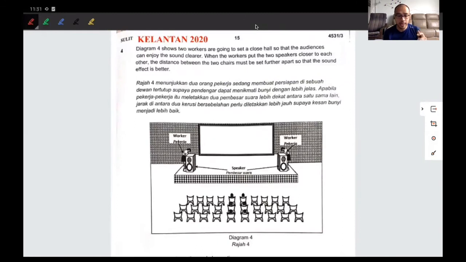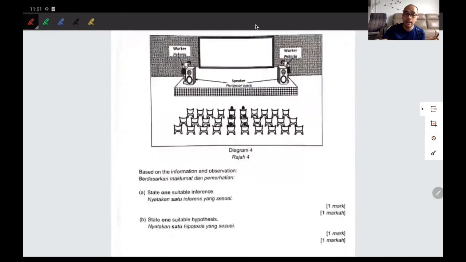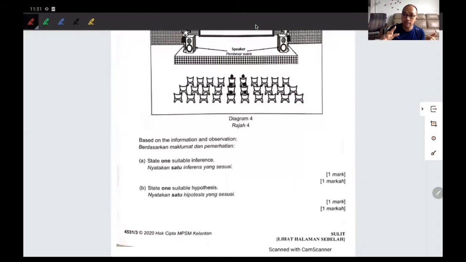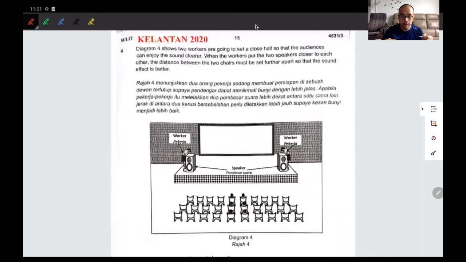So in this case of sound waves, the diagram shows 2 workers going to set up a closed hall, same thing. State the suitable inference. We find that when the workers put the 2 speakers closer to each other, the distance between the 2 chairs must be set further apart.